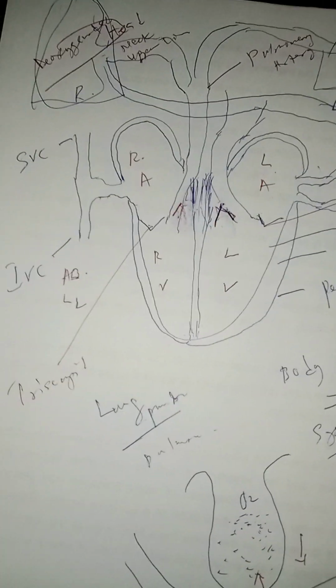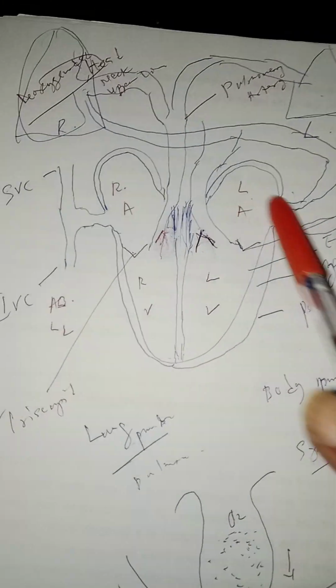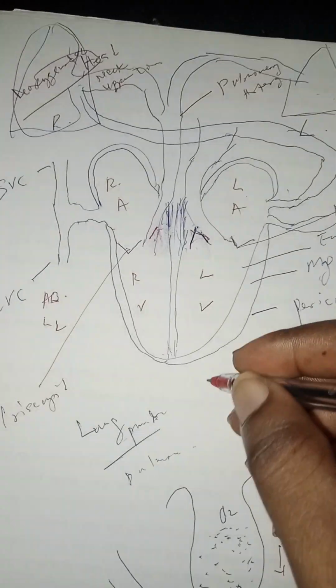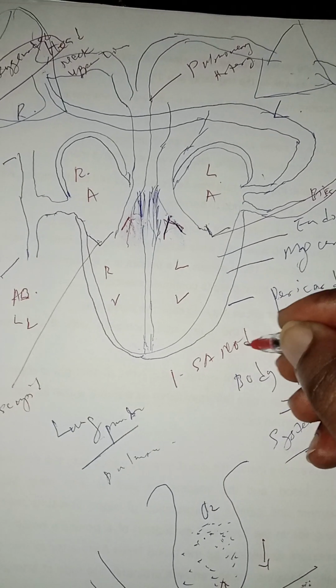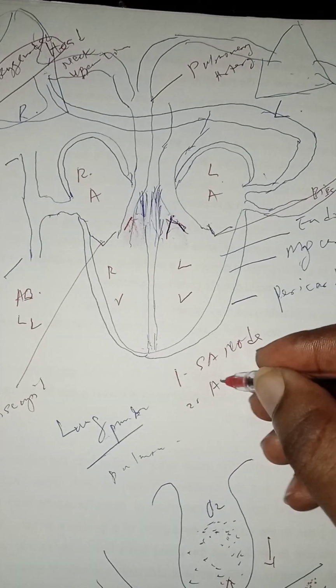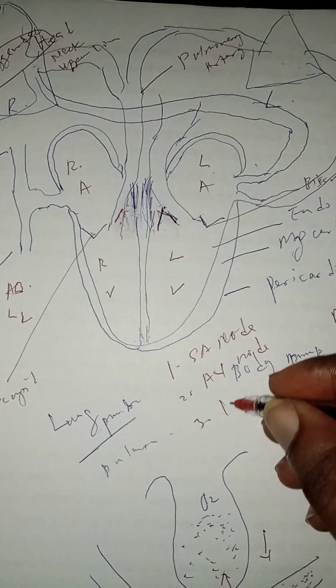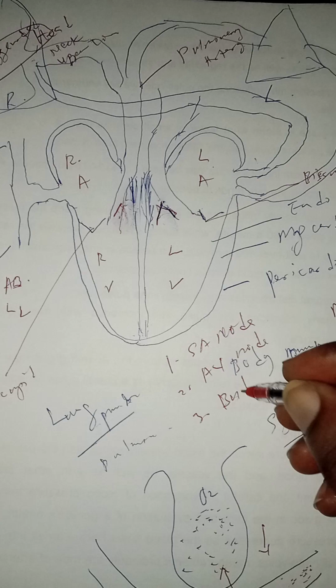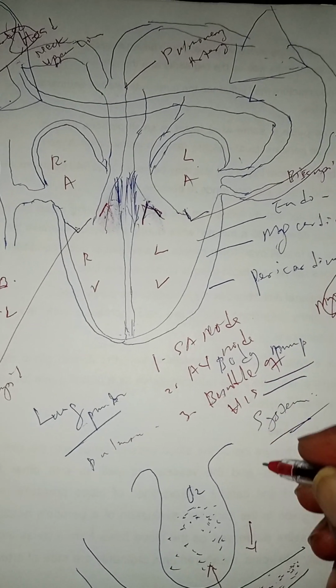There are four units that coordinate this system. What are those four units? One, we have the SA node. Then we have the AV node. Then we have the bundle of His.